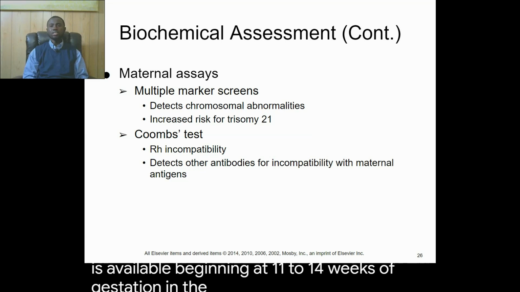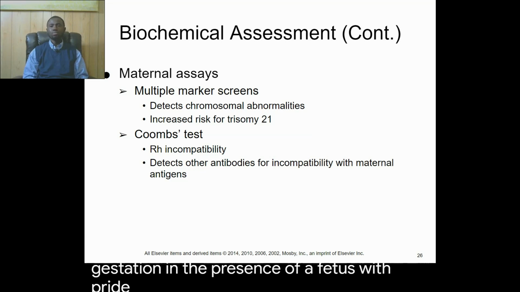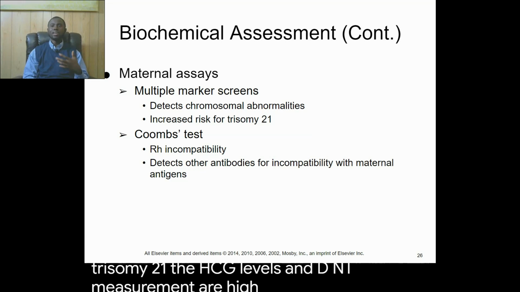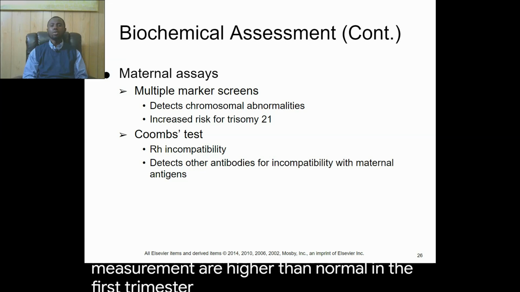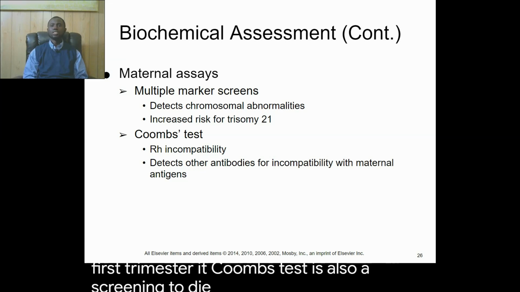In the presence of a fetus with trisomy 21, the HCG levels and the NT measurement are higher than normal in the first trimester. A Coombs test is also a screening tool that is used for Rh incompatibility.